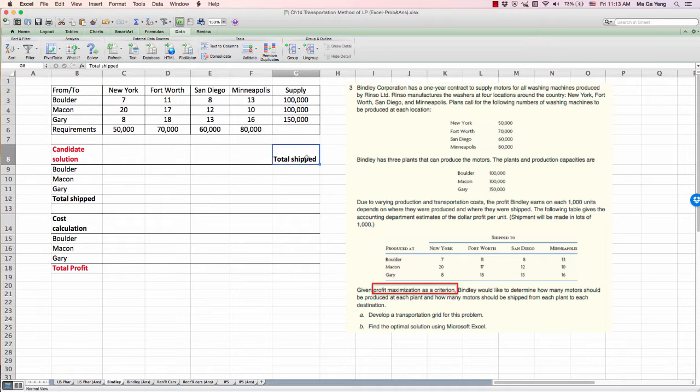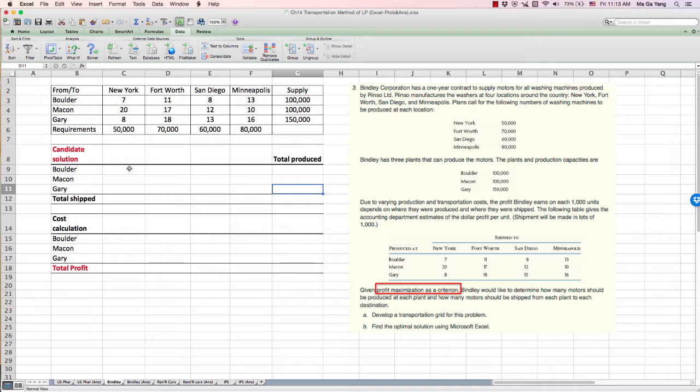And this should be, I believe, total produced. So this matrix indicates profit per unit, and shipment will be made in lots of 1,000 units.